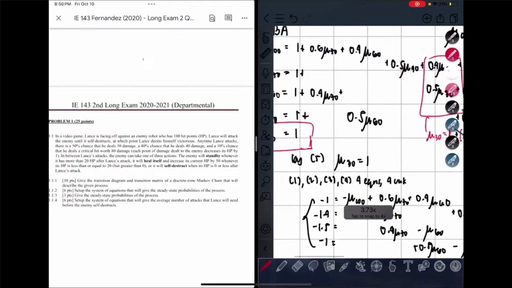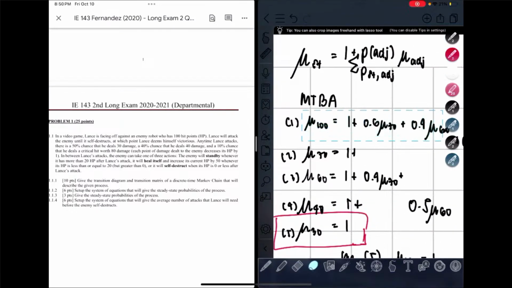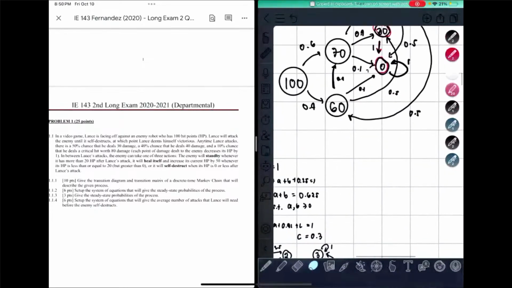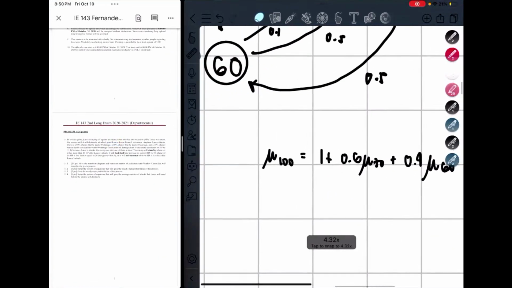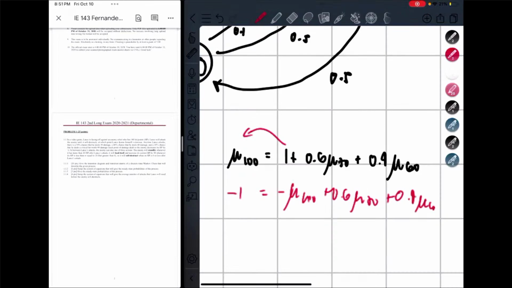So what I did here is, okay, I'll just demonstrate it for one equation and then it follows naman for the rest. So what I did here essentially is, I just transpose this to the left. So maging -1 equals -100 mu100 plus 0.6 mu70 plus 0.4 mu60.